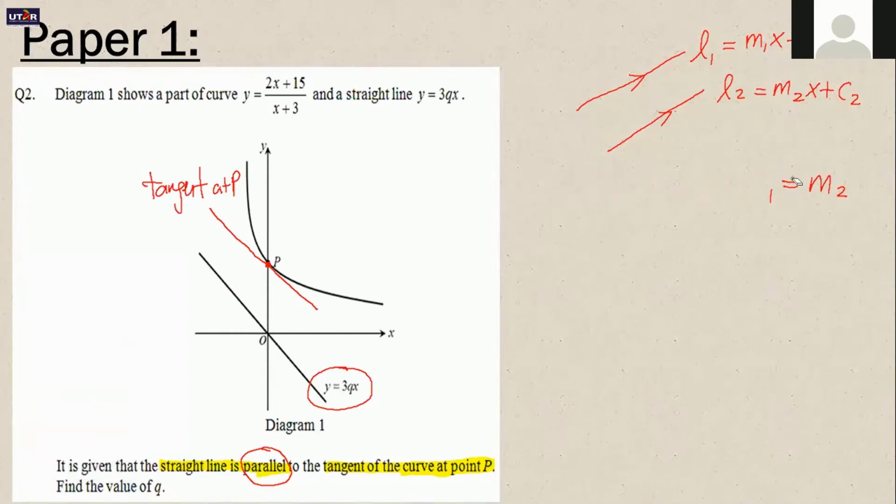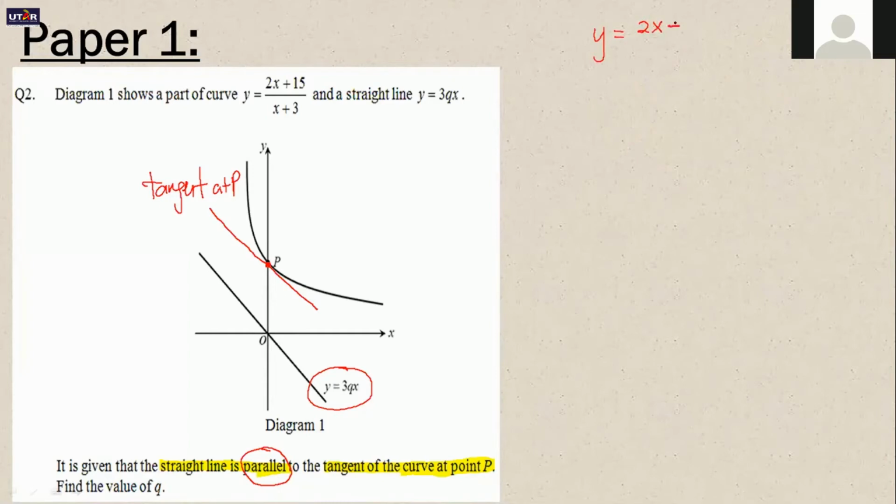So you need to find the gradient of the tangent at P. We need to involve the curve because your point P lies on the curve. So I need to find dy over dx, the gradient at point P.